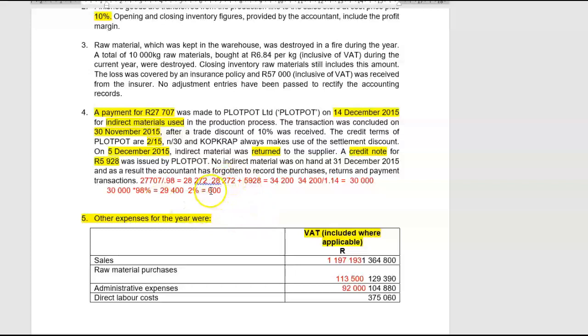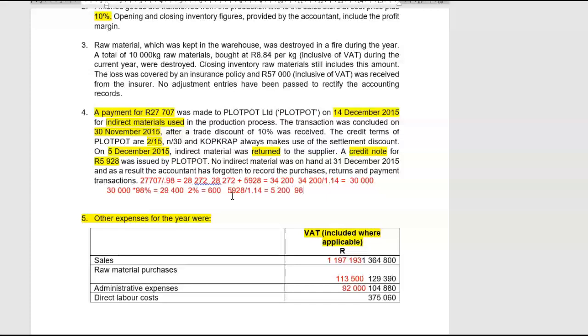So once we have that, we can record the first transaction. The second transaction is straightforward because they give us the value of the credit note. You must just pass all the credit note transactions. Let's just have a look at it. 5928 divided by 1.14 to get to the VAT exclusive amount. The VAT exclusive amount, 5928 divided by 1.14, equals 5,200 Rand.